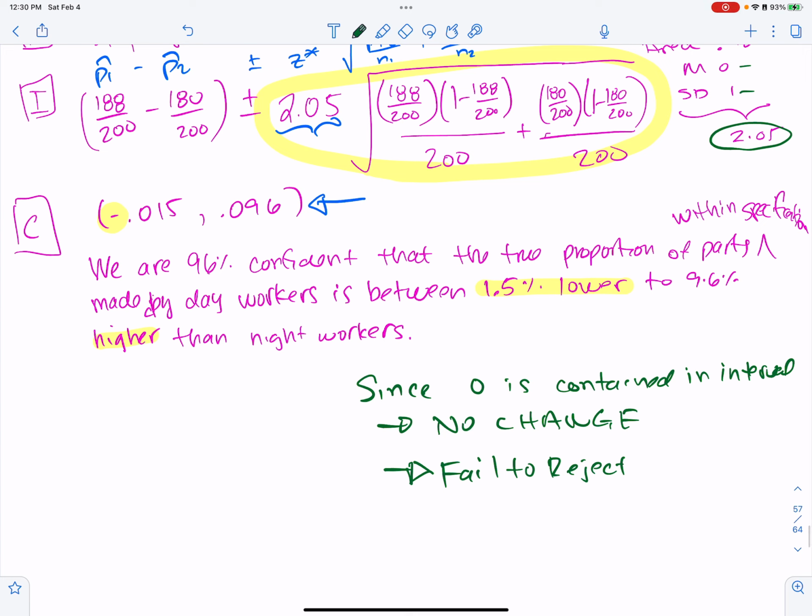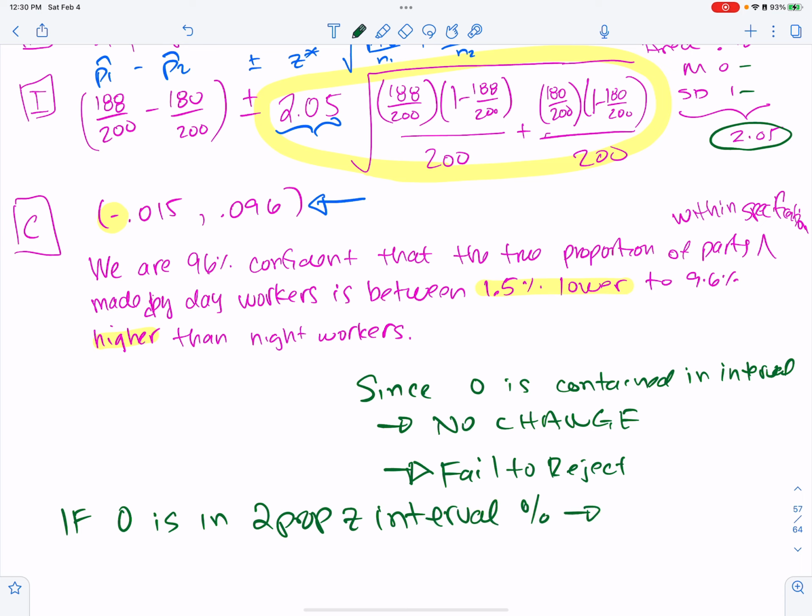If 0 is in my 2 prop Z interval percentage, that's a fail to reject. So conversely, if 0 is not in my 2 prop Z interval, that definitely is going to be a reject.